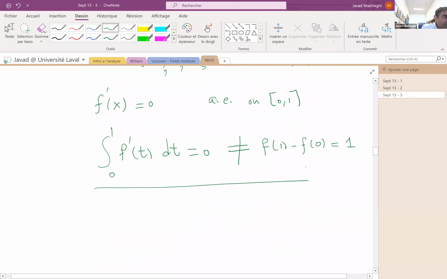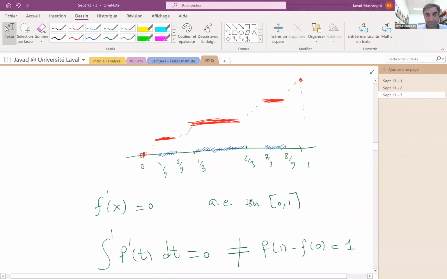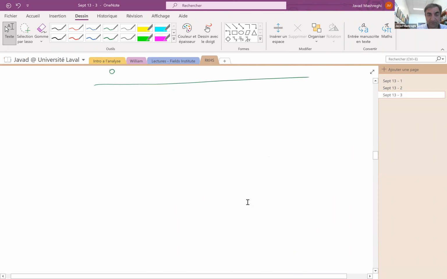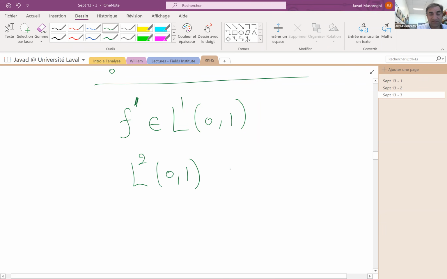What we need for our definition, I emphasized, is that f prime is in L1. So I write it again here: for absolutely continuous, f prime is in L1 of [0, 1]. L2 of [0, 1] is a subset, and it's a proper subset, of L1 of [0, 1].